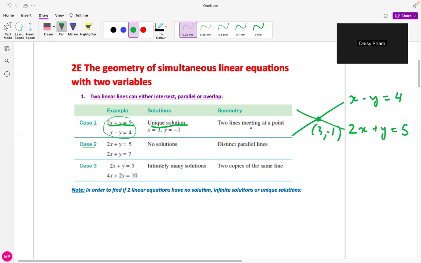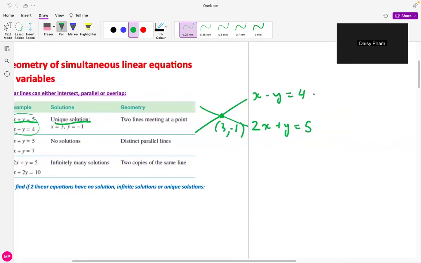Okay. So what does it mean when two lines meet at the same point? If you rearrange this one to make y the subject, I'm going to move the y and move the 4 to the left-hand side, and we have y equals x minus 4. So you can see the gradient equals 1 here.